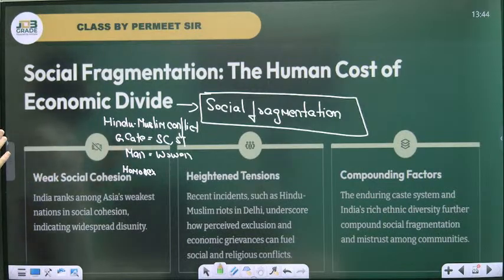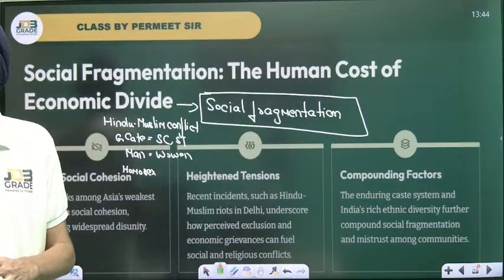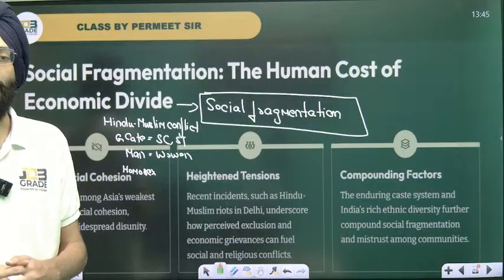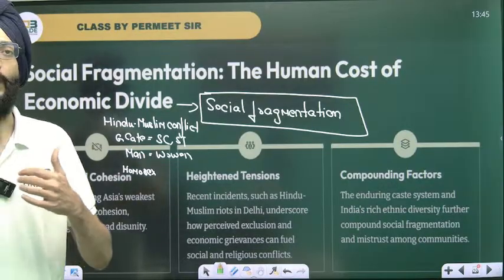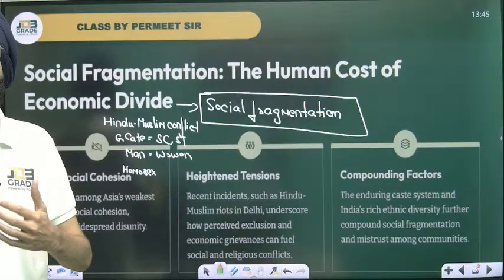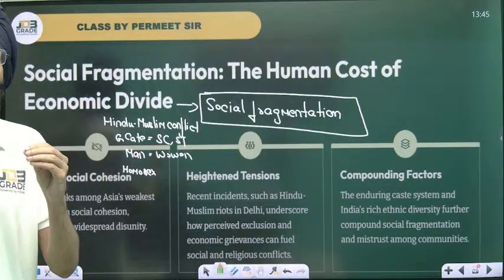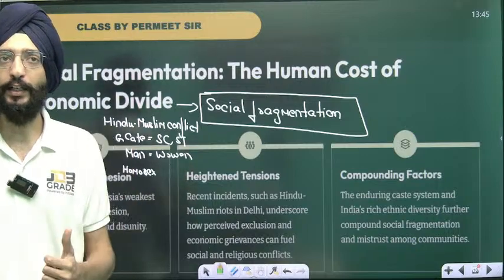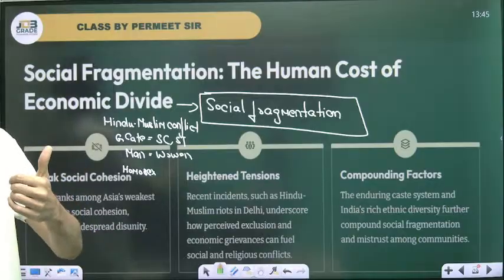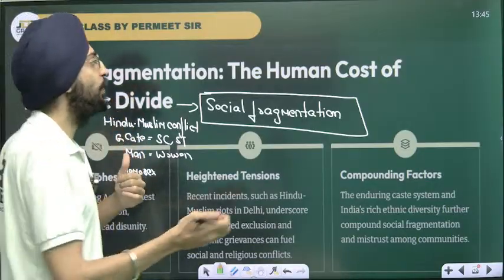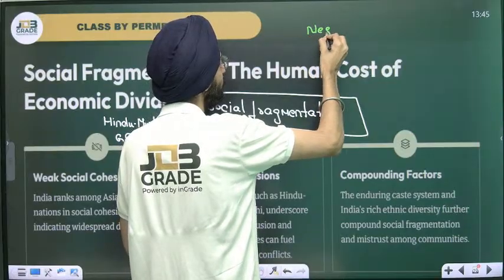That's the impact. You will say, sir, why has it been increasing? Because there has been a lot of unemployment, and there is no proper identity. If you introduce someone, you say, oh, I do this job, I do that job. But if someone is unemployed, he doesn't have any sort of identity. In order to find that fake identity, he associates himself too much with being a Hindu or a Muslim.